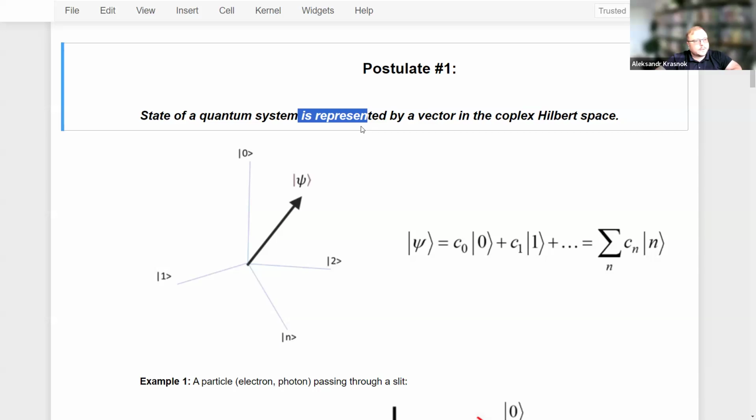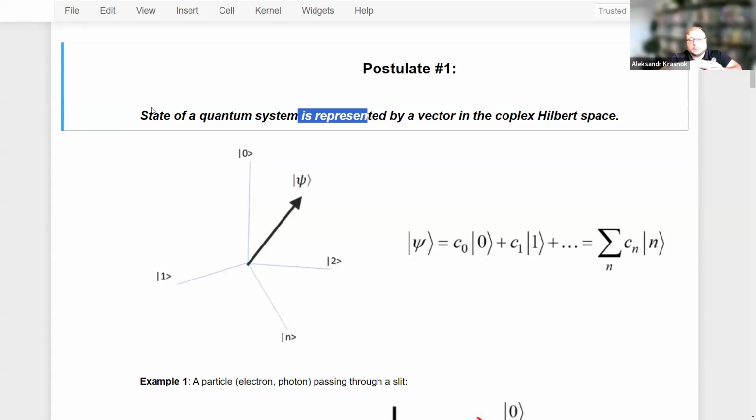We cannot compare this with any kind of mechanical abstractions, mechanical models like masses on a spring or pendulums or some clouds. The electron, for example, in an atom is not a particle, not a ball rotating around a nucleus.